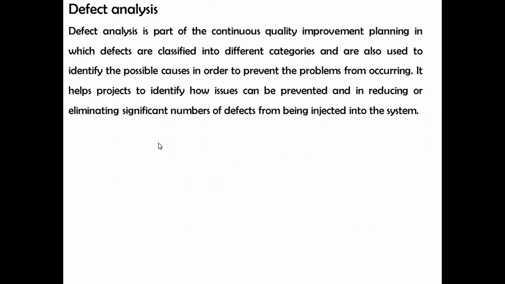Last topic of this unit is defect analysis. So once you analyze the defects in the software, then only you will be able to improve your software, right? So you have to plan for the defect analysis. Defect analysis is part of the continuous quality improvement planning, in which defects are classified into different categories and are also used to identify the possible causes in order to prevent the problem from occurring.